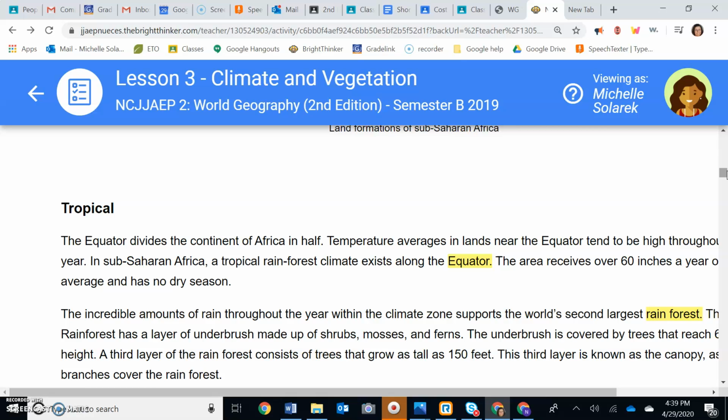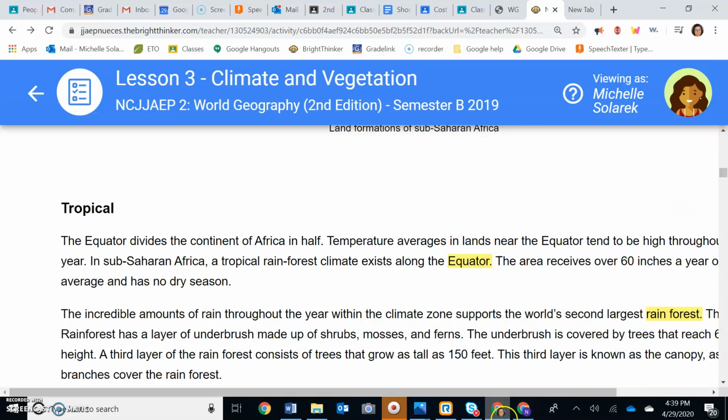Very good. Now here's the crazy thing about this. Because Africa has this gigantic rainforest climate zone on each side of the equator, it actually accounts for the world's 2nd largest rainforest.